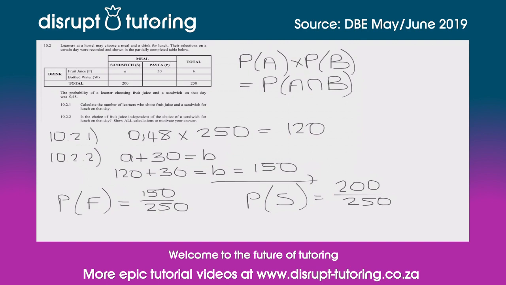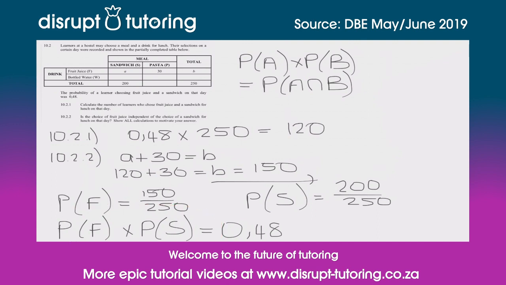Right, so now let's multiply those two together. So we're going to say the probability of F times the probability of S. What does that equal? So we're going to multiply that by that. We plug that in our calculator, and we're going to get the probability of the two multiplied together is going to be 0.48. What is the probability of the two happening at the same time?